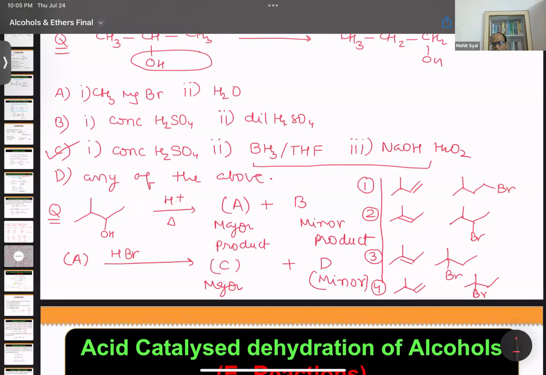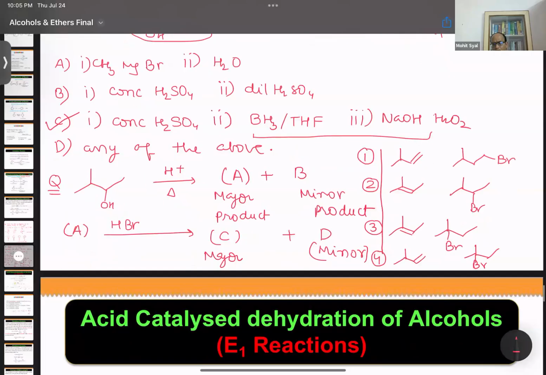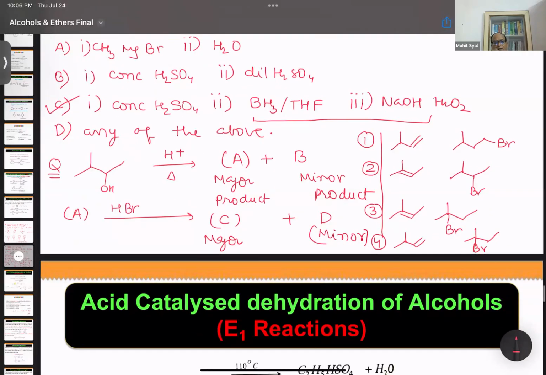So the options are visible to you, I hope, everybody. I have given you 4 options, and in each option I have drawn 2 structures. Which option is giving us the correct representation for the structure of A and C respectively? I hope everybody is able to see the options.